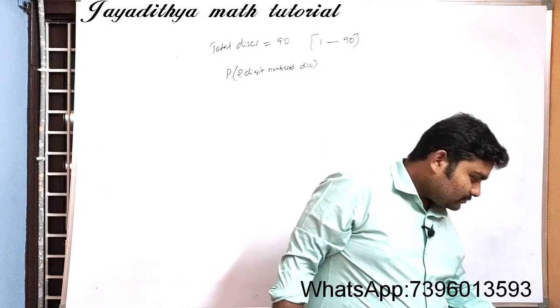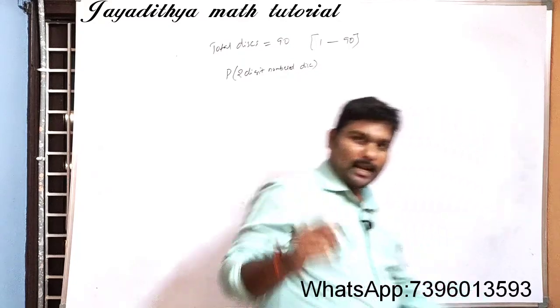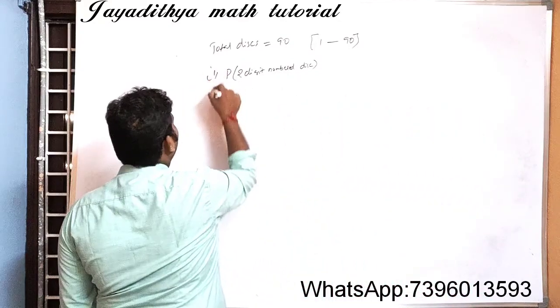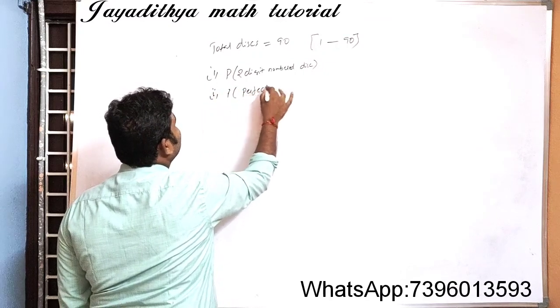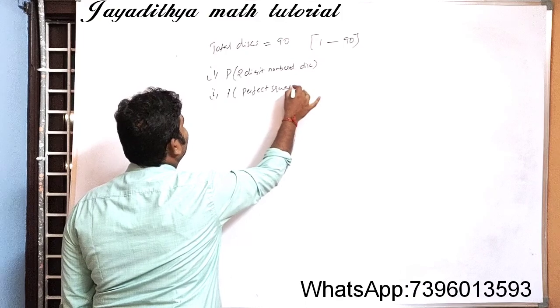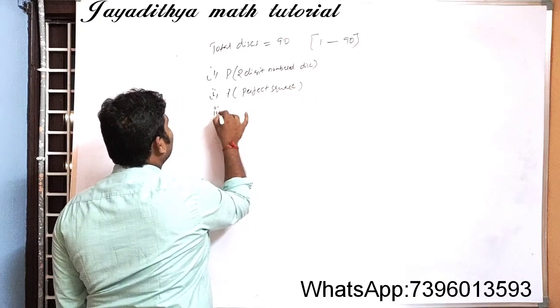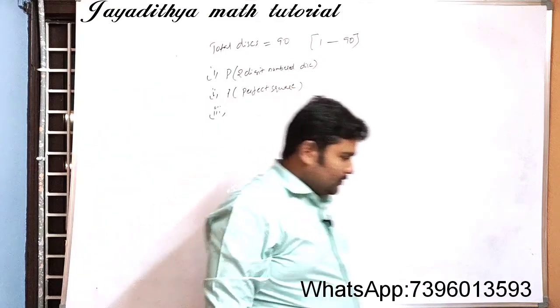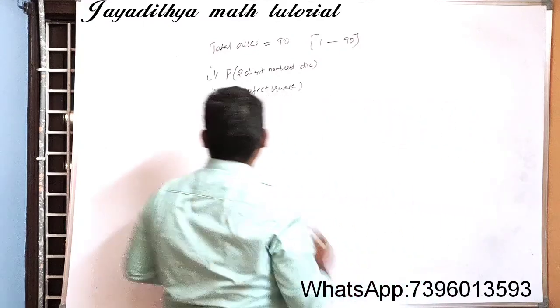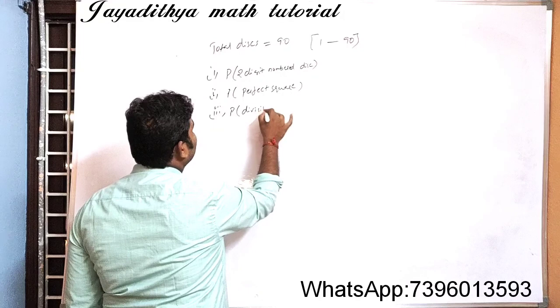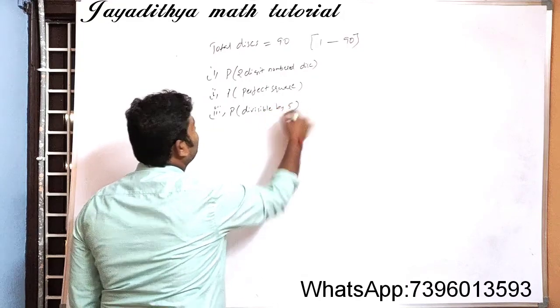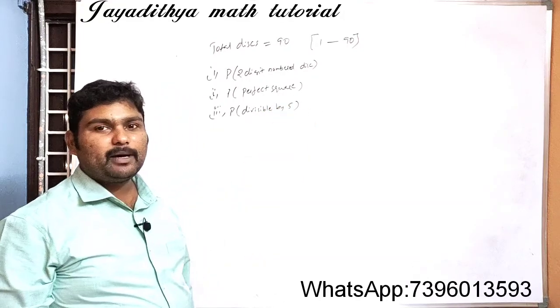The second one is the probability of getting a perfect square. And the third one is the probability of a number divisible by 5.